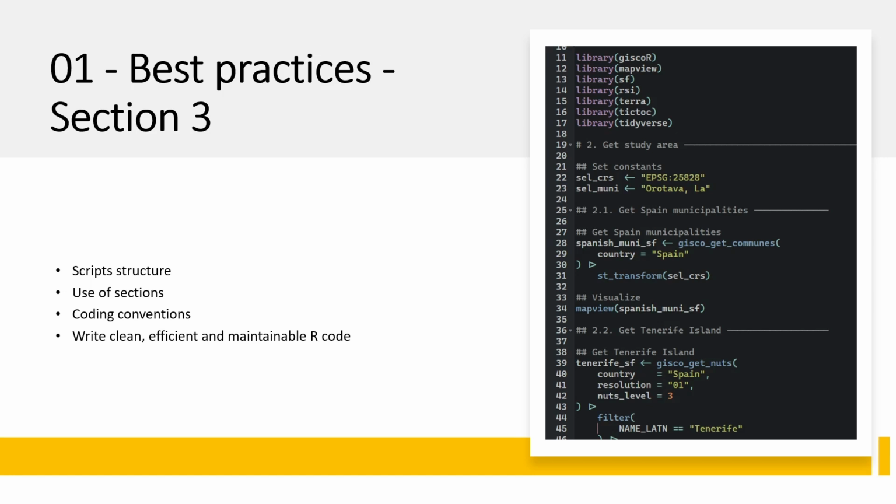The next section, section number 3, will be about the best coding practices, and here we will learn about the script's structure, how to use different sections to organize our scripts. I will teach you the best coding conventions following the Tidyverse style guide, and I will teach you how to write clean, efficient, and maintainable R code.